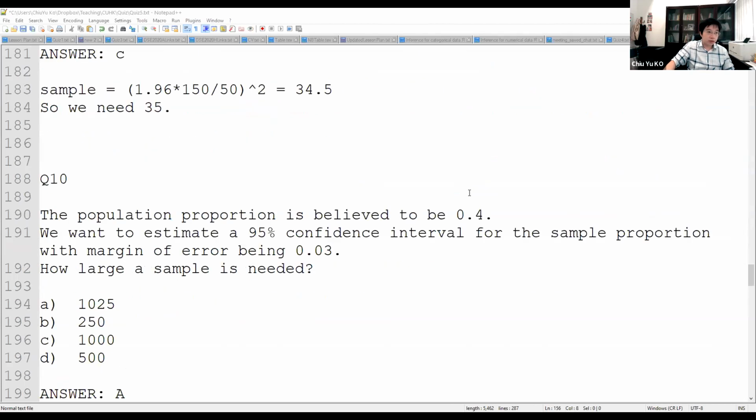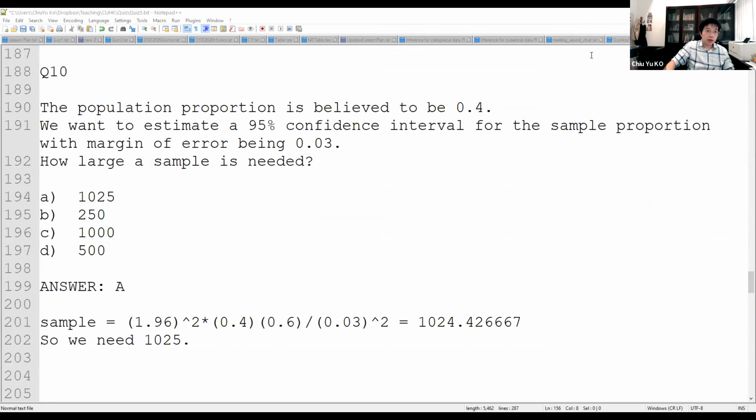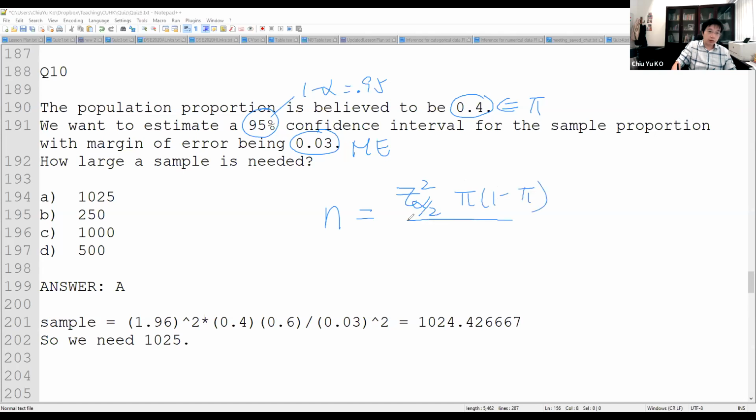If there's no question, then go to the last question, which is the population proportion. It is believed to be 0.4, so pi is 0.4. So 1 minus alpha is 0.95. The margin of error ME is this one. So n is equal to z alpha over 2 squared times pi times 1 minus pi over ME squared.